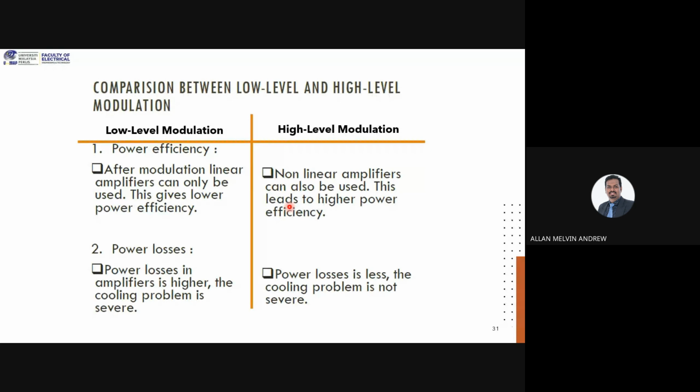So if it's linear, it will keep on taking input without doing much analysis inside. If it's a smarter non-linear amplifier, the charger can be much smarter. So it will charge until it reaches a certain level.